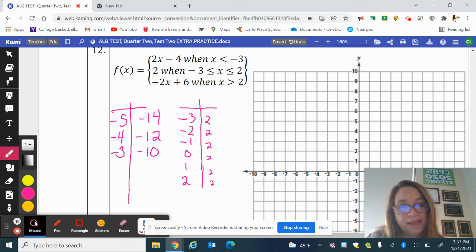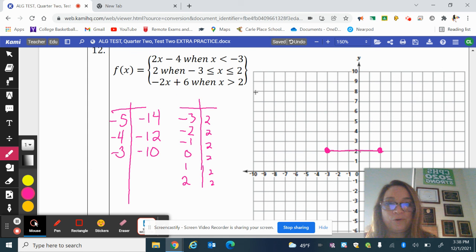So I'm going to go to -3, 2, and I'm going to make a closed circle. The circle is closed because the inequality symbol has an equal bar. And I'm going to plot those points. And again, this is a closed circle. So remember, this is similar to the AND statement, and the AND statement would have 2 closed circles.